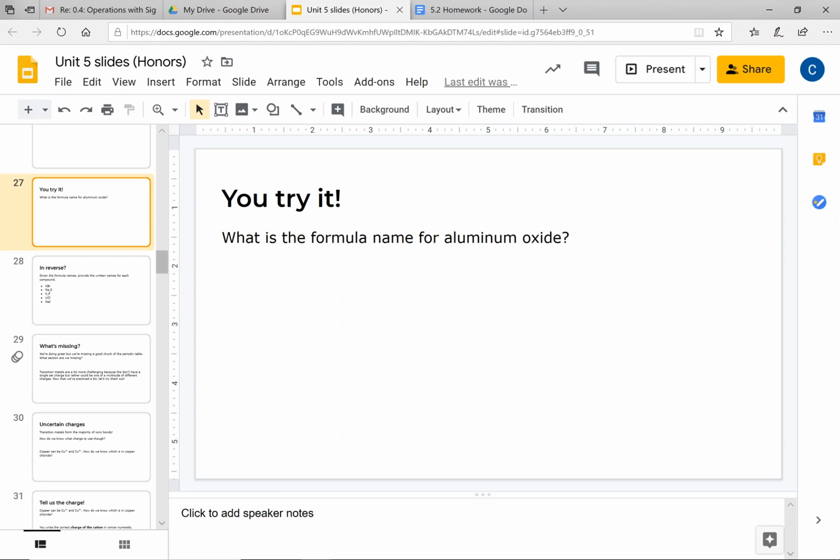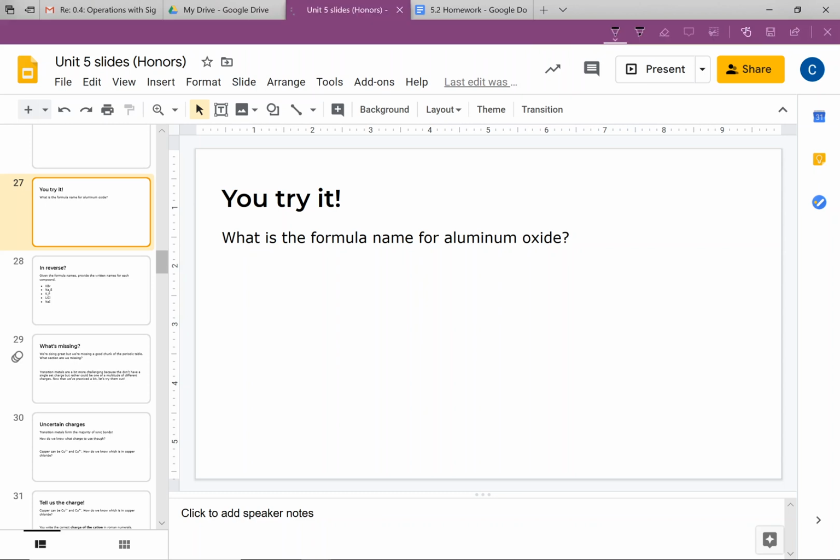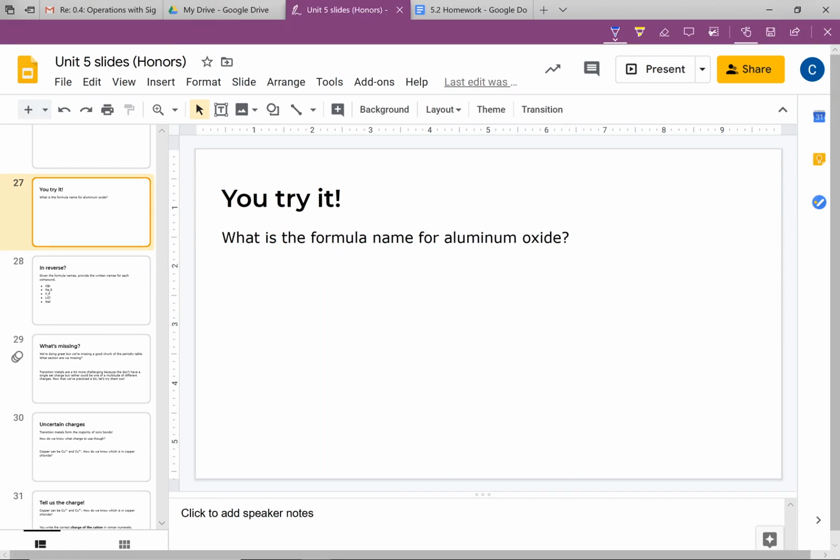All right, try now aluminum oxide for me. Formula name for aluminum oxide. Remember to write out your charges first. I think that will help you out. All right, I'm gonna go in here. I think I'll do the formula in red. So we know we have aluminum, right?